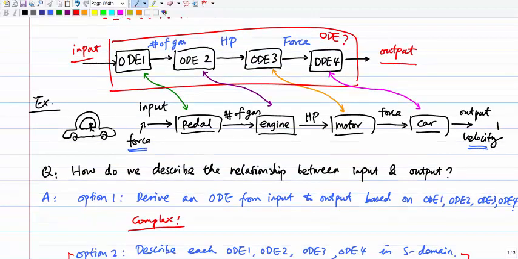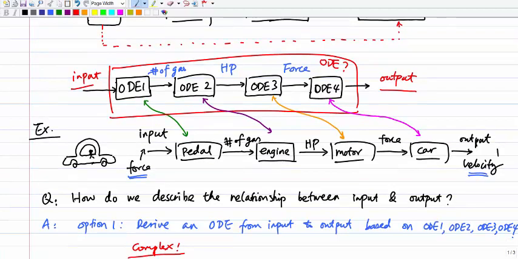The first option is, I want to derive an ordinary differential equation from input to output based on ODE 1, 2, 3, 4. For example, I probably have a state variable here. I write a differential equation where the output is the amount of gas. Then we put a differential equation here again, and so on and so forth.